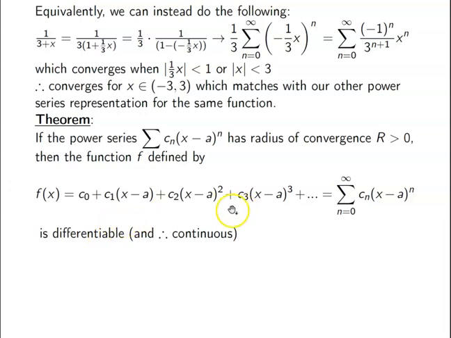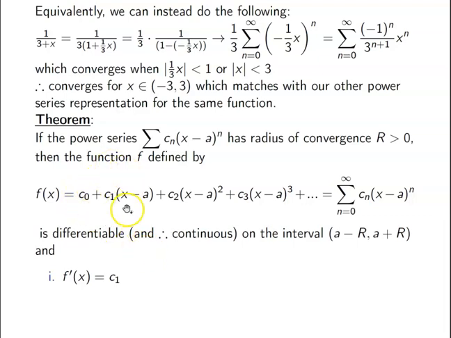And since it's differentiable, that means it's continuous, right? And it's going to be differentiable and continuous on this interval centered at a of a radius of r. So I'm going to subtract r from a and I'll add r to a, and that will be the interval, okay?